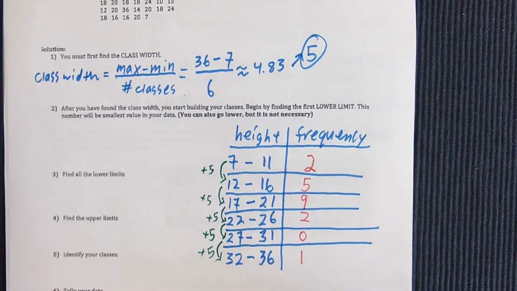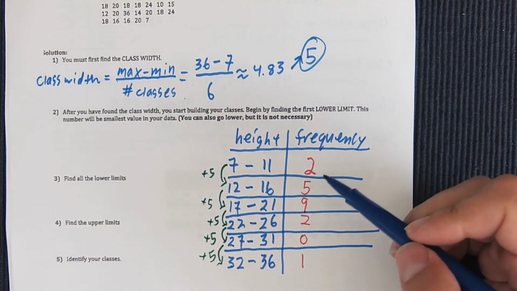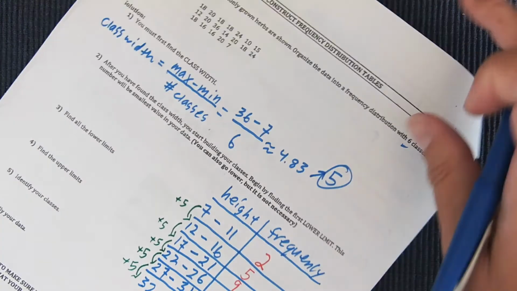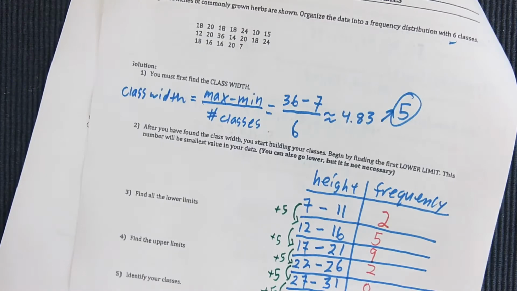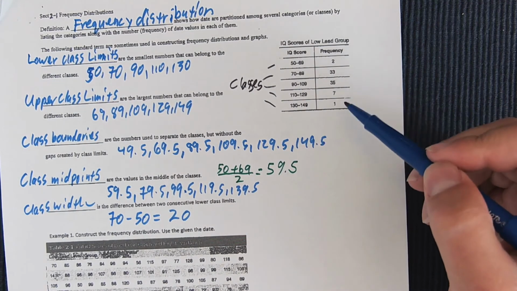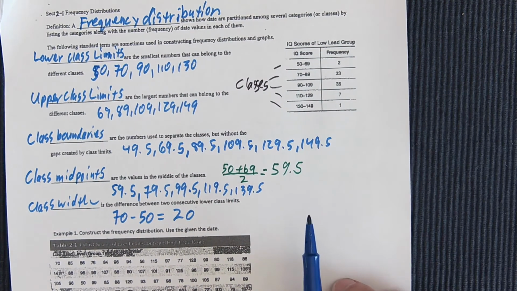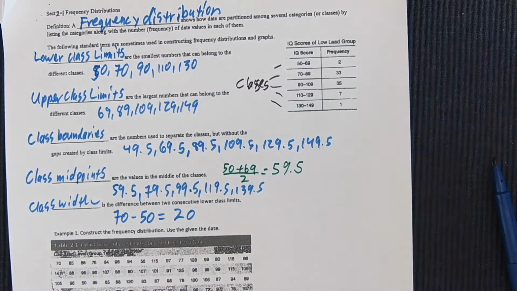Now if I go back here, I'm going to notice between 7 and 11 I have 2 out of a total. Remember there were 19 total. Oh, it's not based on this data though. Sorry. This next exercise is going to be based on the first page data, so it's going to be here. And there are a total of 78. The way we get that is we add up the frequencies.